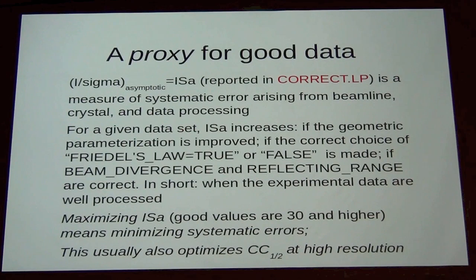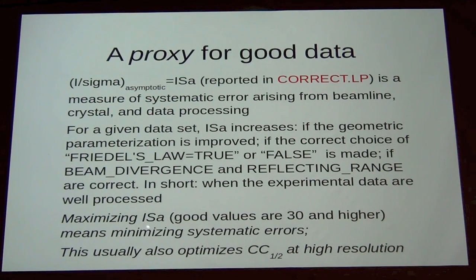And so if the geometric parameterization of the experiment is right, then I over sigma asymptotic is high. And if all the choices in data processing are made correctly, you get close to the maximum of I over sigma asymptotic. In addition, it tells you how good your beamline is, how good your detector is.